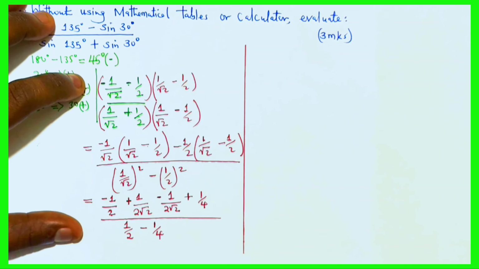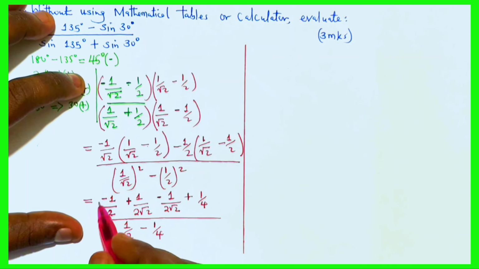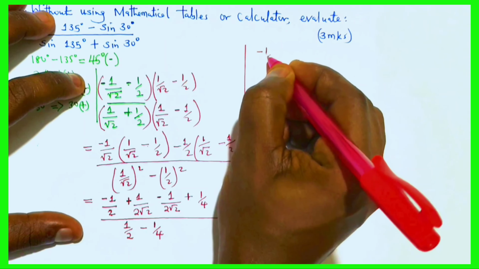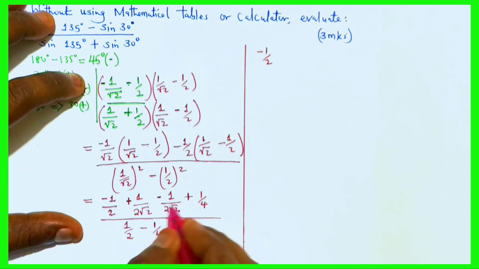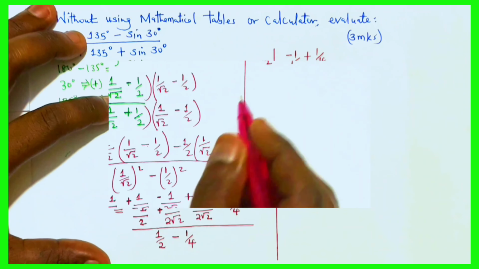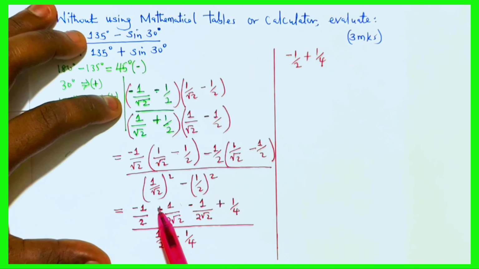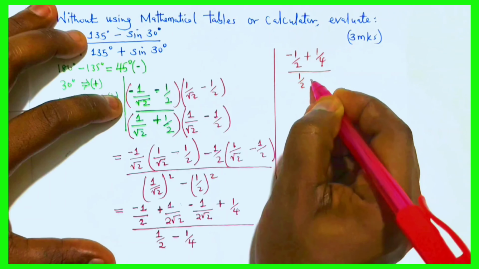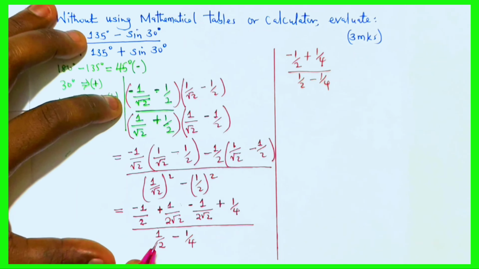The next step will be to consider the fractions that are not SURDS. So I can have negative 1 over 2 plus 1 over 4, and then positive this fraction here minus this fraction here will lead us to 0, divided by 1 over 2 minus 1 over 4.